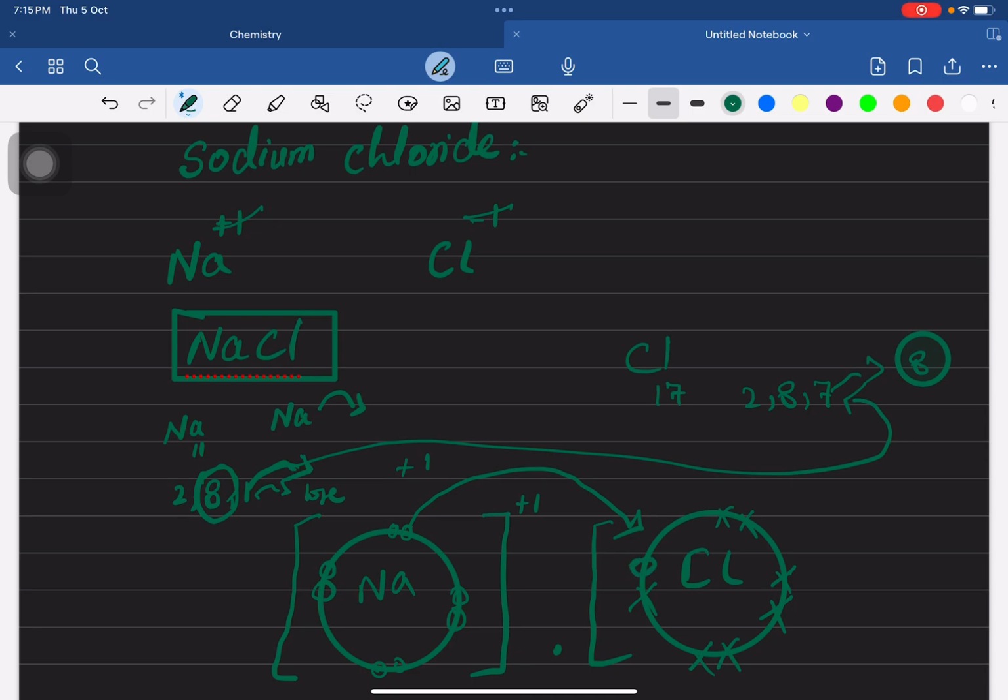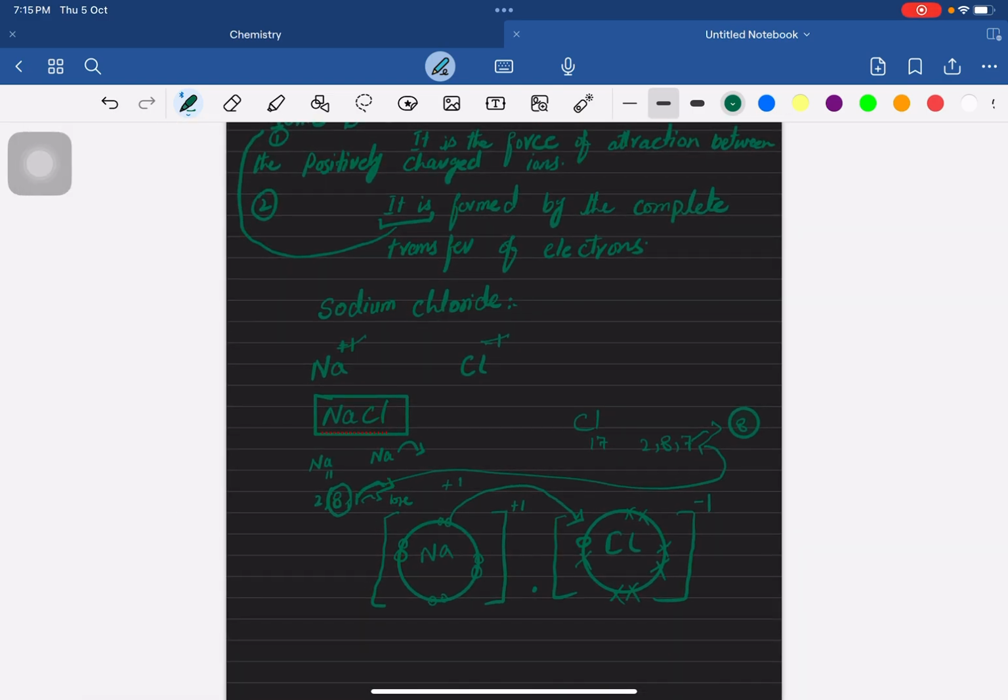Okay, now as you know Cl has gained one electron, that's why it will get a negative one charge. So this is how you can make an ionic compound of any formula.